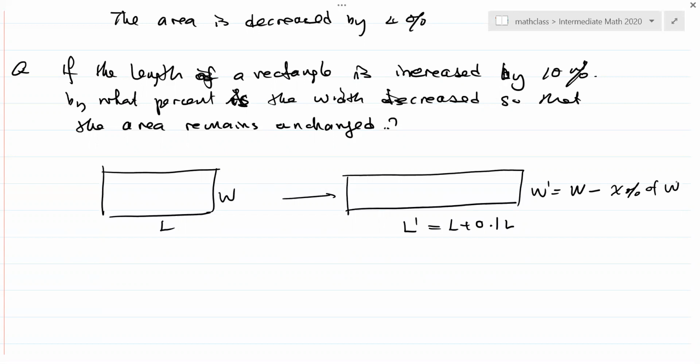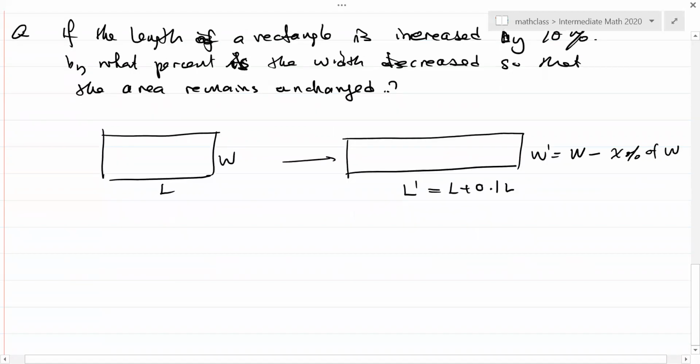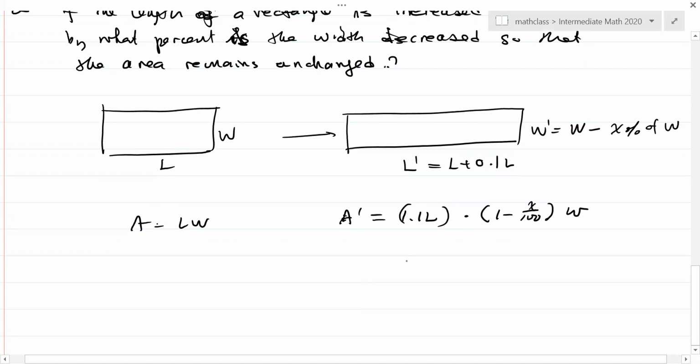So this is called the star problem. How do you do that? Well, you don't know what X is, just figure it out, right? The area here is LW. The new area is going to be 1.1 L times 1 minus X percent, and X percent is X over 100, times W. If it's 2%, it'd be 0.02, and 10% will be 0.1, so that's why I divide by 100.